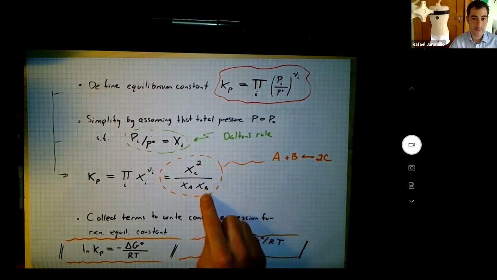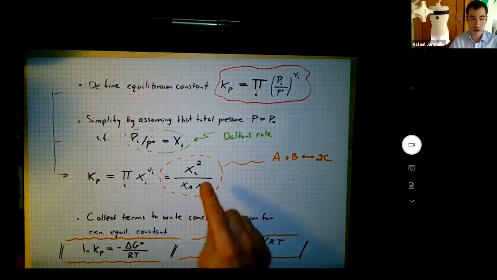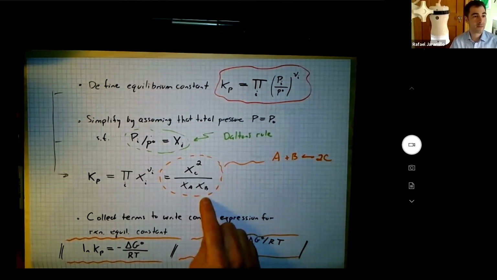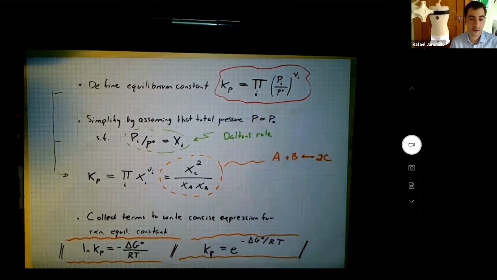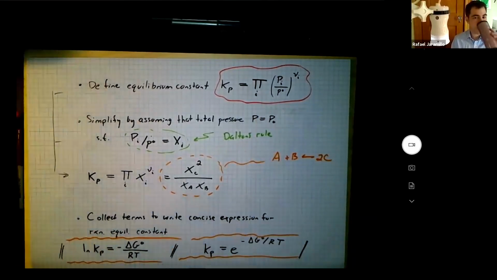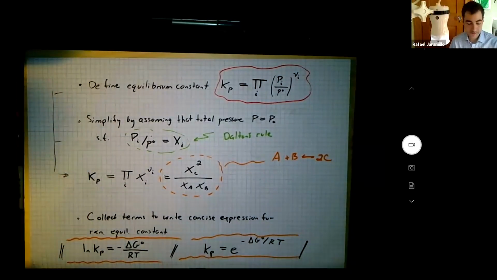If you've seen this before, let's say in introductory chemistry, you were probably told just to put products on the top and reactants on the bottom. Well, this is where that comes from. So it's good to know it comes from somewhere. Maybe everyone understood that, but worth mentioning.